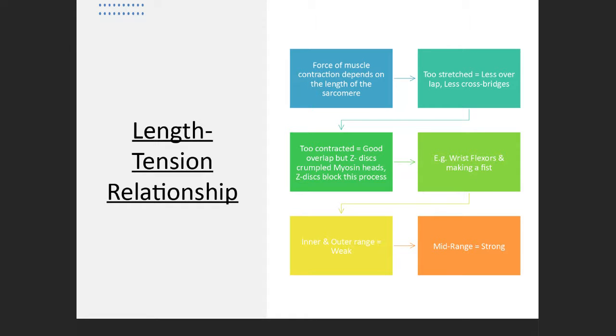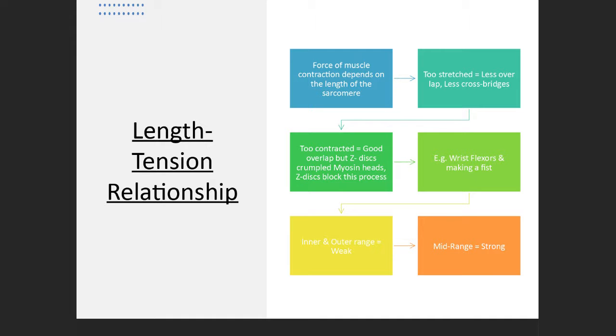That is really all we need to understand with regard to muscle physiology. It's important that we understand inner range, outer range, and mid-range when we're prescribing exercise. For example, what is the most important range when we're talking about rehabilitation of the quadriceps?